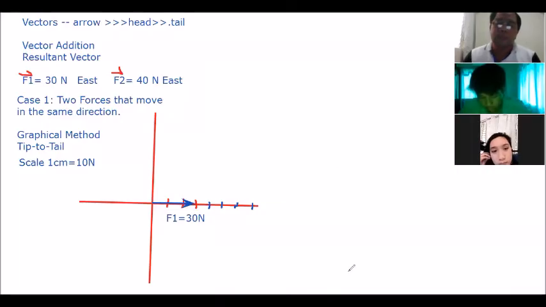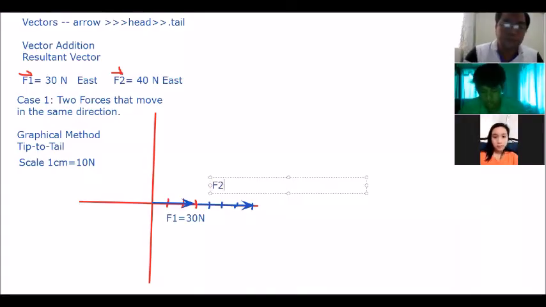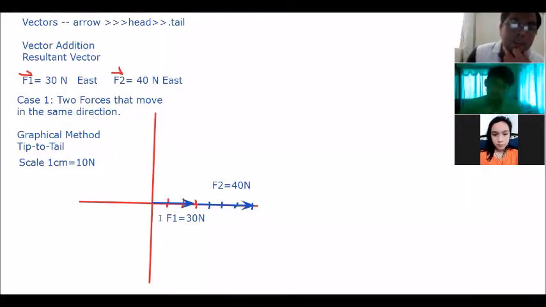And we will now draw our next vector, which is still drawn in blue, and will end at the marking called F2. F2 is equal to 40 newtons.